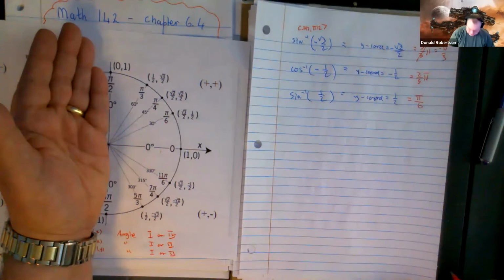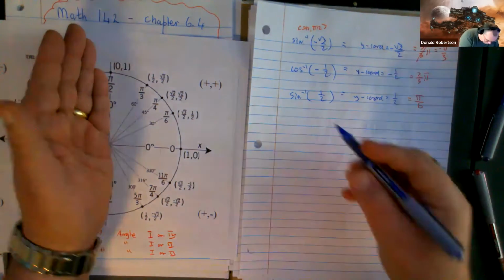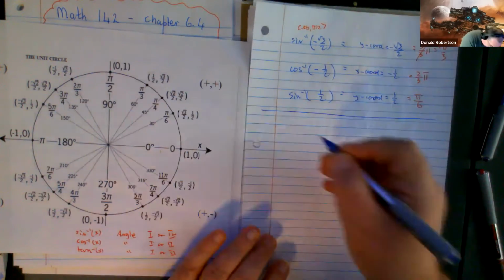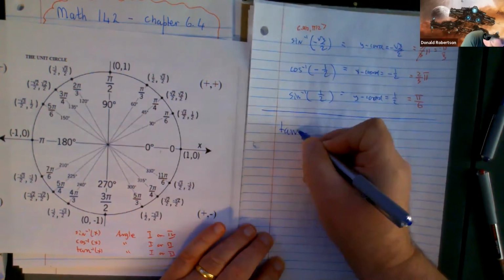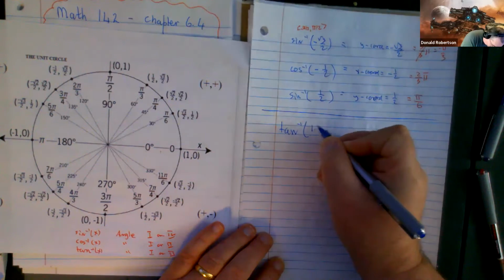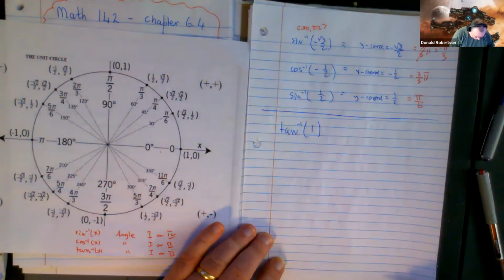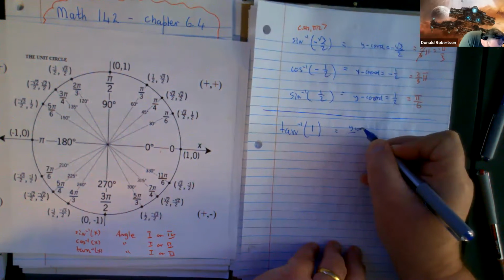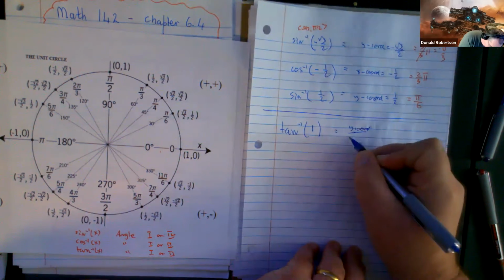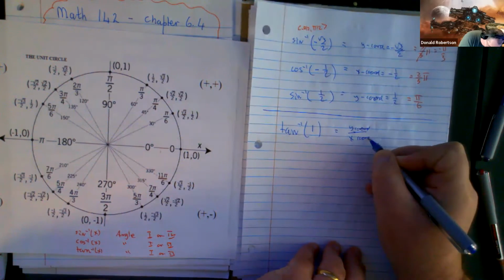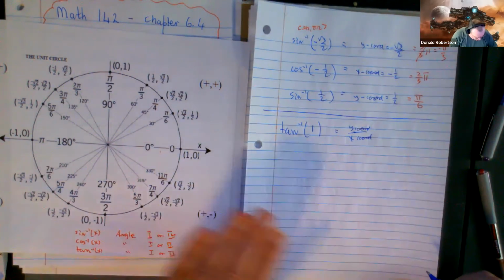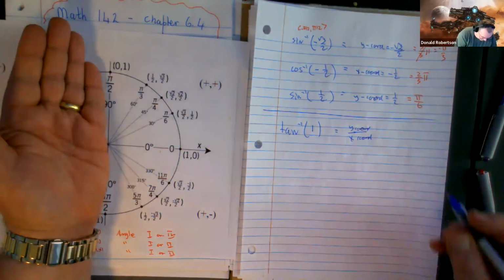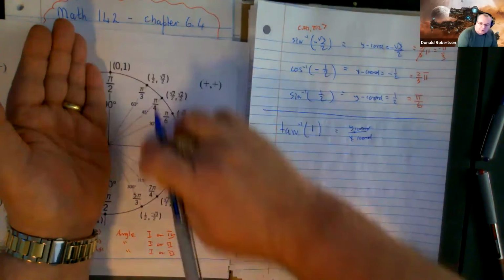All right. Now, it's a little bit messier when you do inverse tans, which is why I kind of skipped that one. So let's do an inverse tan of 1. Now, to get the tan, don't you do a y coordinate divided by an x coordinate? And when it's a tangent, the answers are in the 1 and 4 quadrant, right?